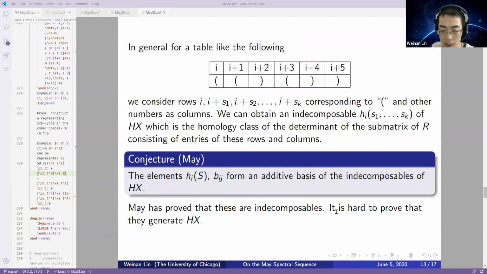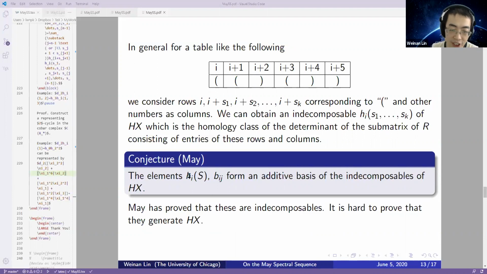Okay, but it's very hard to prove that they are all the indecomposables you need to generate H(X), and that's my goal, to prove this. And you can see that X is kind of a small, I would call it a gorgeous DGA. It's a polynomial algebra, the differential is given by matrix multiplication, but it's hard to imagine that we still cannot figure out what the homology looks like, what the indecomposables look like.